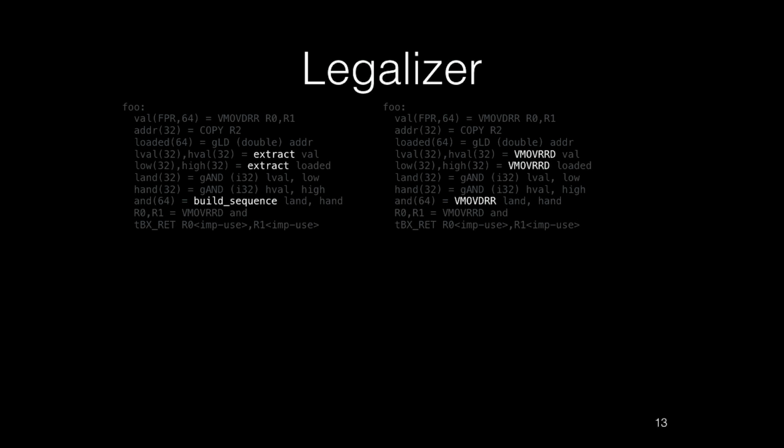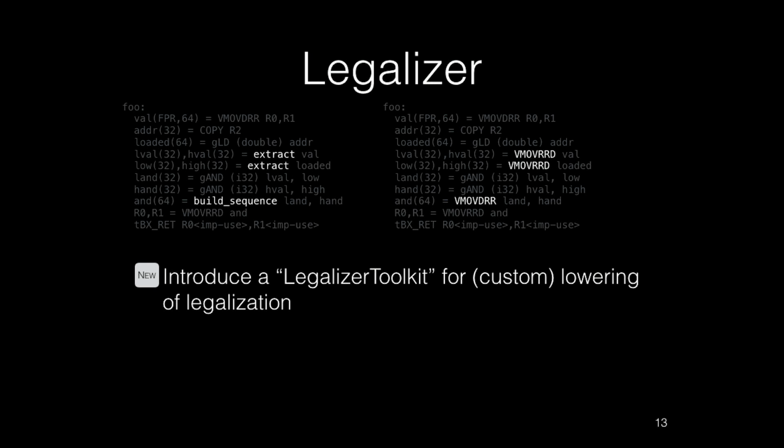What's interesting here is that if you think about it, this looks similar to what we've done for the ABI lowering, when we put two values together. So we believe that it would be nice to have some kind of legalizer toolkit to be able to do some custom lowering for legalization. And I will explain how we can use this toolkit later in the talk.